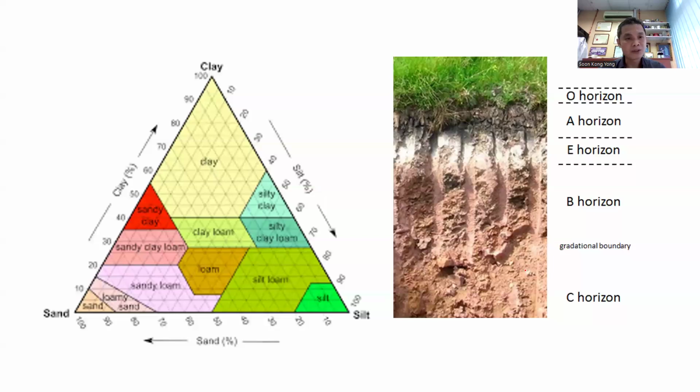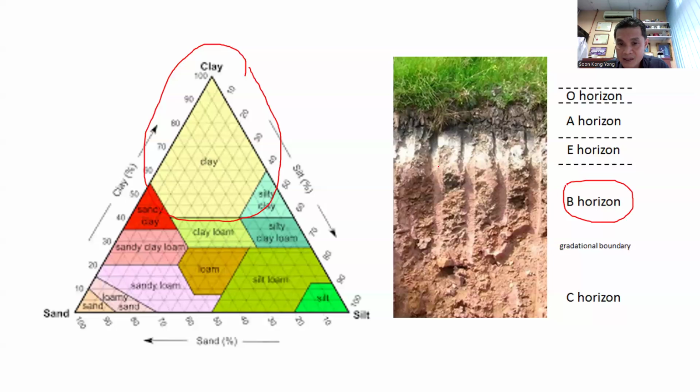Now, I'm sure you have seen this triangle before, because I remember that according to your schedule last week, you learned soil physical properties. And I'm pretty sure you're going to learn texture. So this is the triangle that you're looking at. Depending on the versions, there is clay right here, which is a major part of the soil texture classification. And when we look at the soil column right here, there are many horizons, where the clay is mostly concentrated right here.